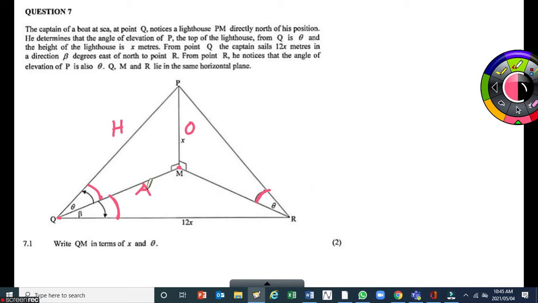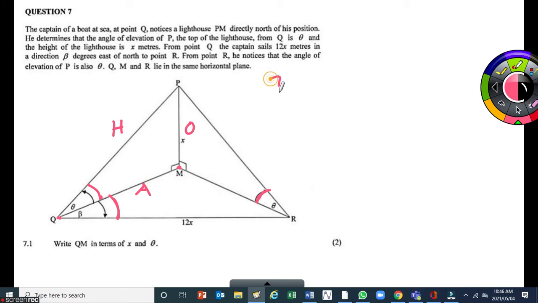I'm going to repeat that. We don't have the length of PQ, but based on our reference angle theta, PM is our opposite side and QM is the adjacent side. So we have to use tan here to do 7.1, which means 7.1 is a grade 10 question, not a grade 12 question.